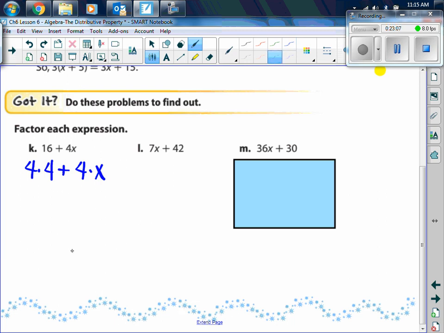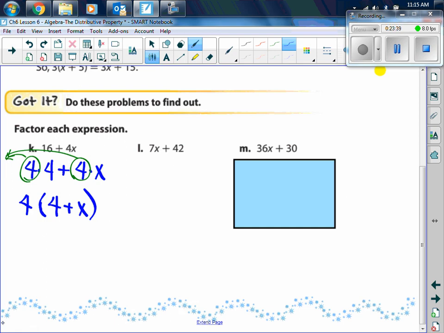And once again, we're going to take that greatest common factor and pull that out to put in front of the parentheses. So that goes in front of the parentheses, and what's left remains inside the parentheses. So we have 4 plus x remaining. So the factored form of 16 plus 4x is 4 times the quantity 4 plus x.